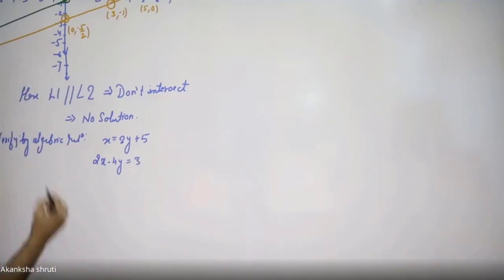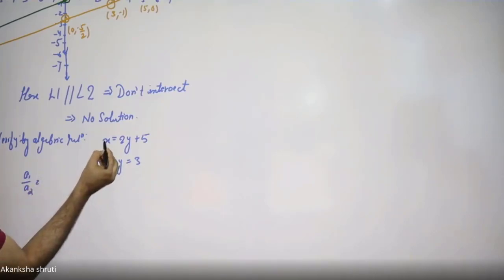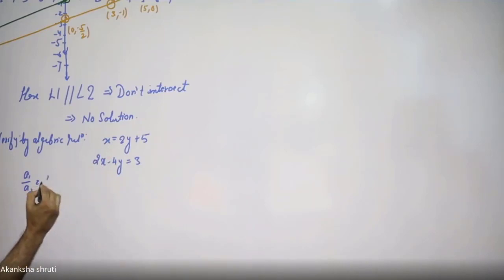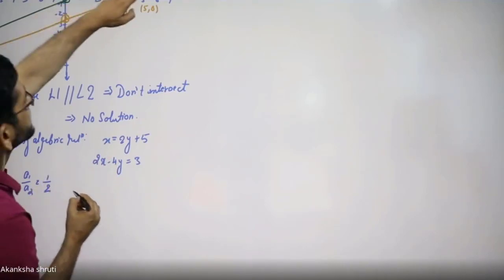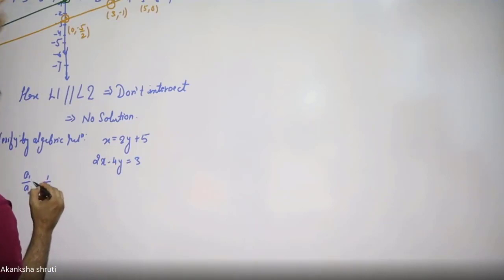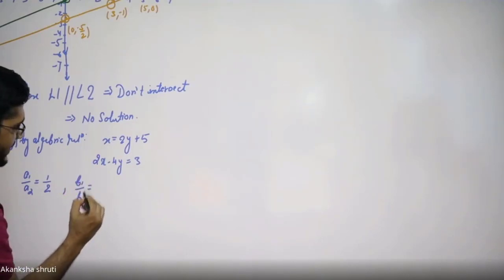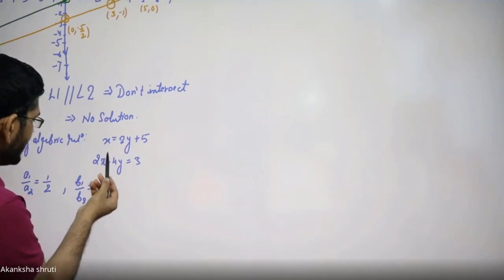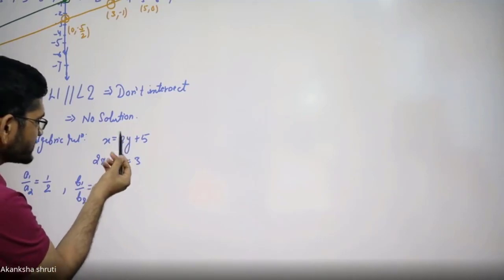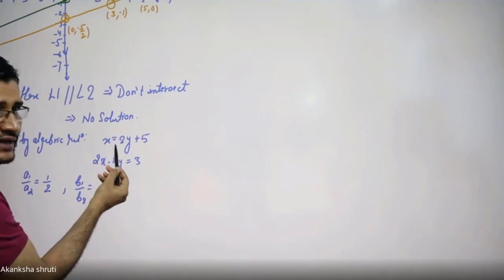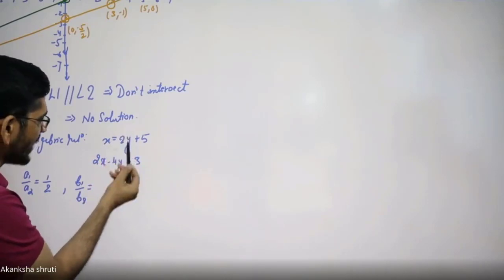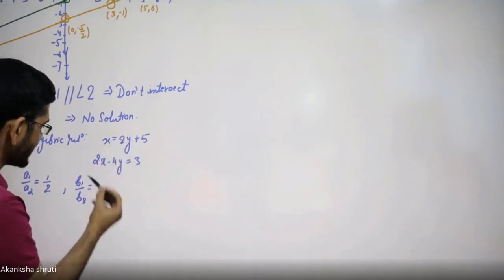Students, here a1 by a2 means the ratio of the coefficients of x. Here x is 1, here x is 2. It is our 1 by 2. Keep in mind, here we have obtained a1 by a2 as 1 by 2. What is our b1 by b2? Students, be careful. For writing the b, we have to bring this y on the left hand side. So while bringing this 2y to the left hand side, it becomes minus 2y.